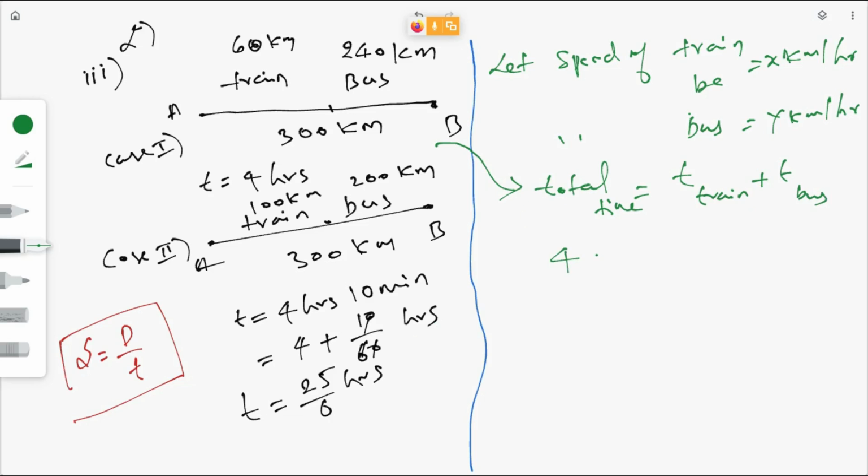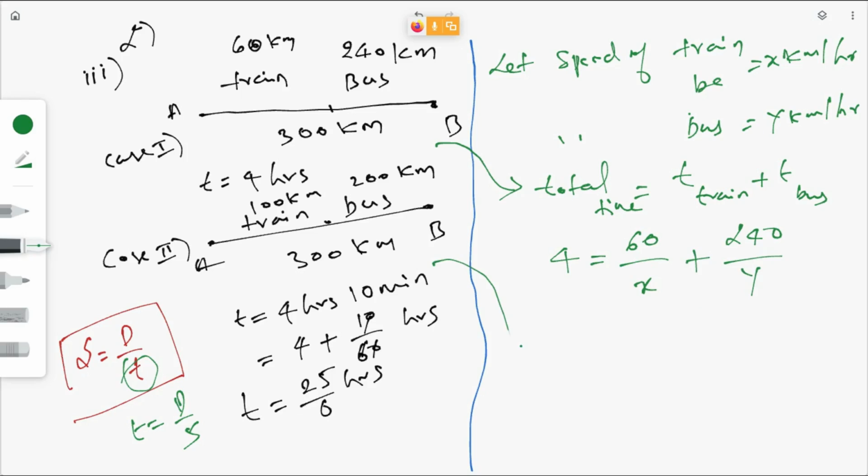Time can be written as d by s, distance divided by speed. The distance covered by train is 60 kilometers, speed of the train is x, and here it is 240 by y. See, I got an equation. You can solve this one, right?